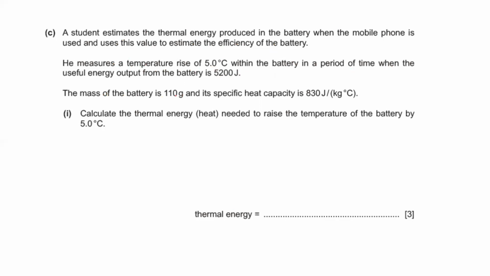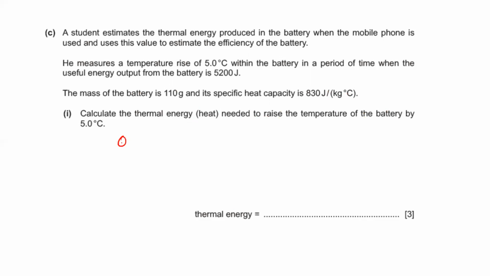The mass of the battery is 110 grams. The specific heat capacity is 830 joules per kilogram degree centigrade. Calculate the thermal energy needed to raise the temperature of the battery by 5 degrees centigrade.